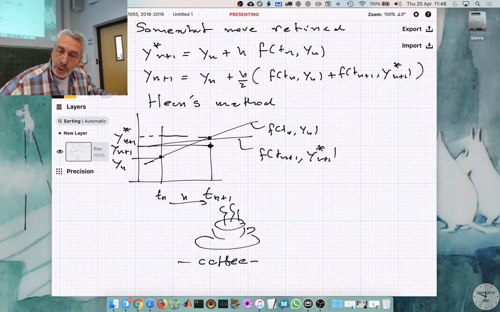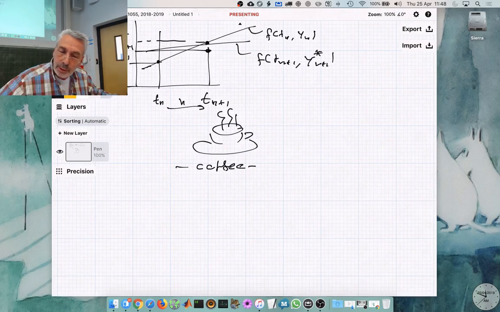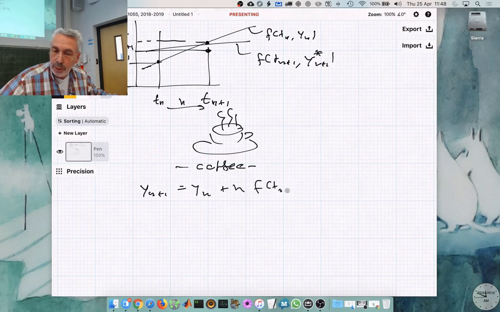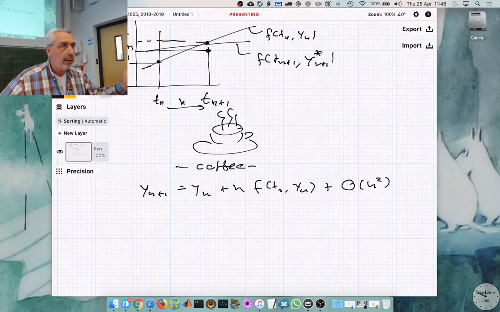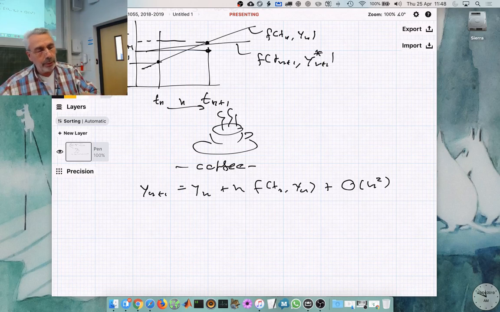If you take this simple Euler step, y_{n+1} equals y_n plus h f(t_n, y_n) plus order h squared, that is the idea from the Taylor expansion.